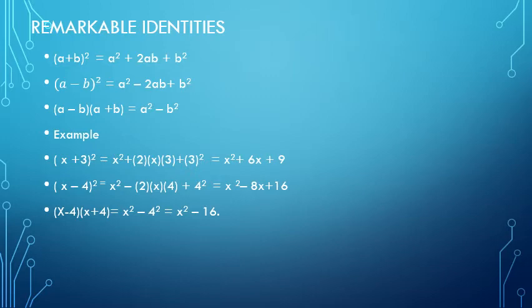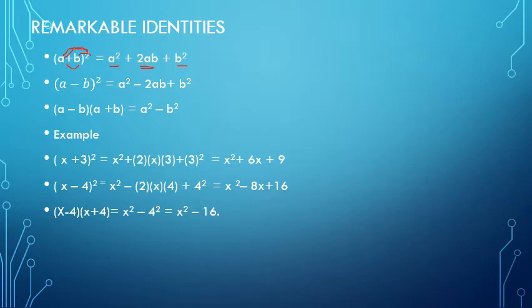And the answer will be by getting the square of a, which is a squared, and the square of b, which is b squared. So the first term and the last one. The middle term is 2ab, which is got by multiplying 2 times a times b. Okay, so it is 2ab.